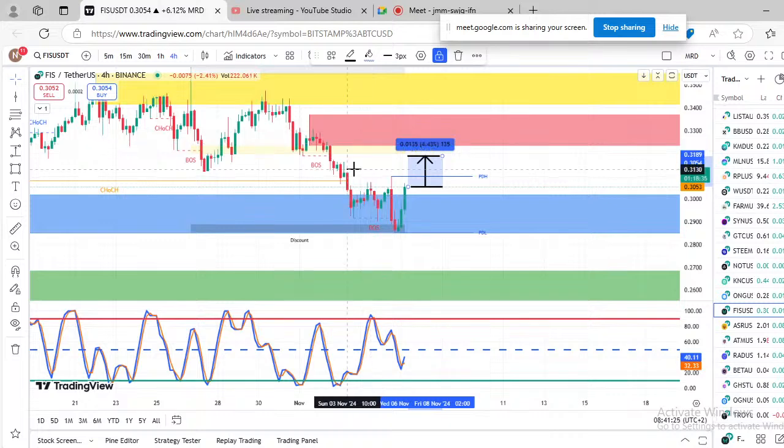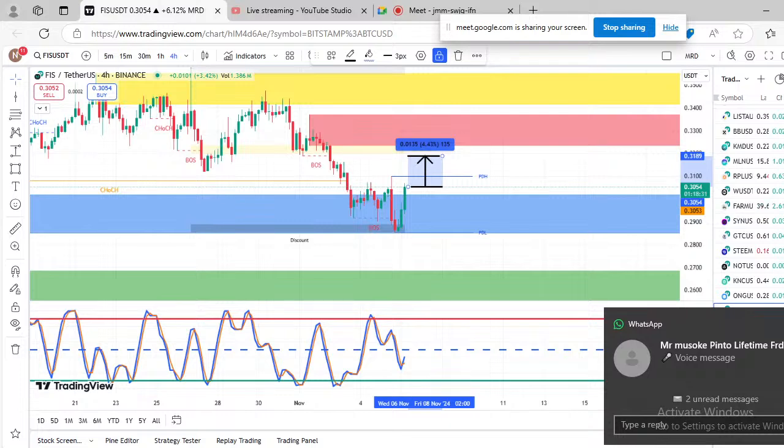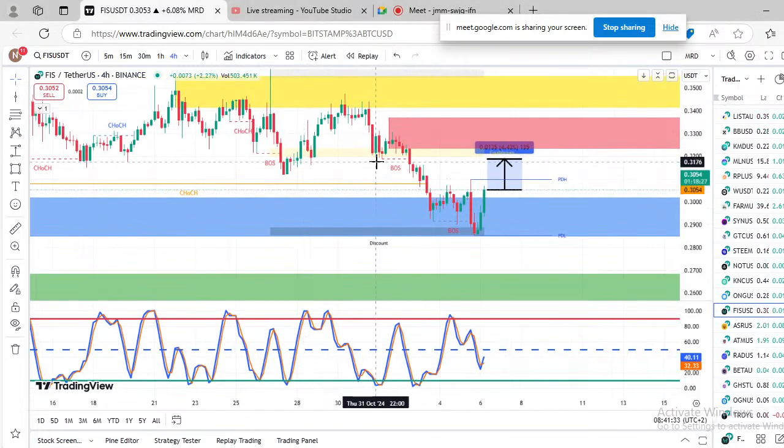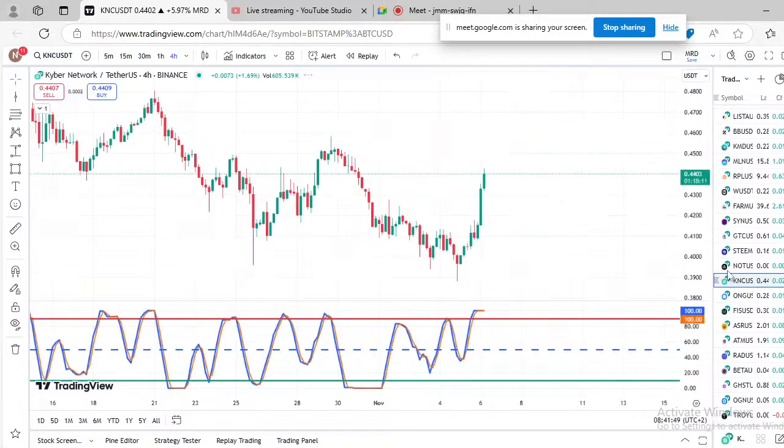The market always moves with the aim to break something. It can drop to break the support, or it can rise to break the resistance. So whenever you see the market moving, know that it has a target.